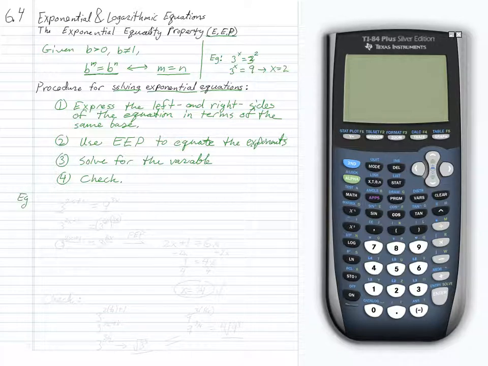So an example of this process, suppose that we are told that 3 to the 2x plus 1 equals 9 to the 3x. Now I need to figure out what x would make both sides of this equation equal to each other.